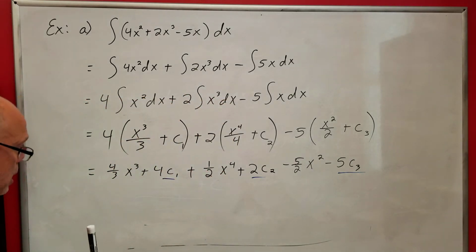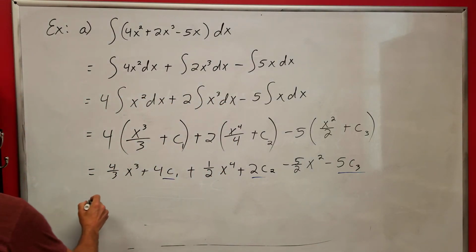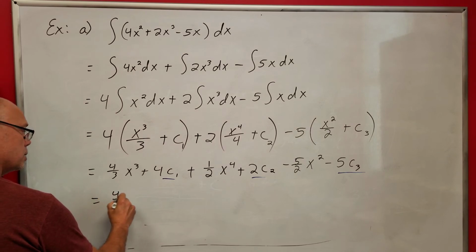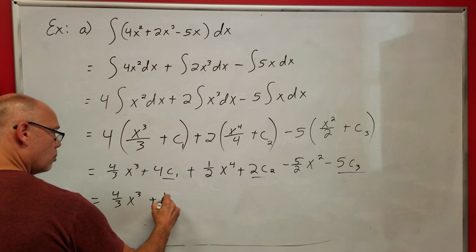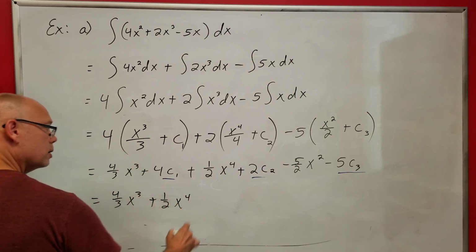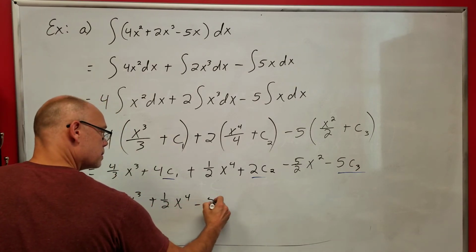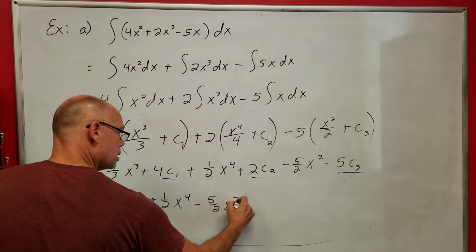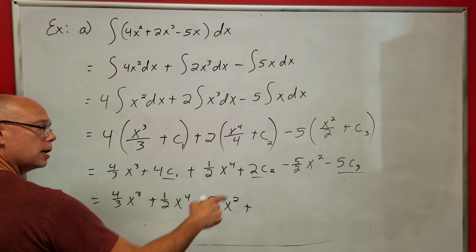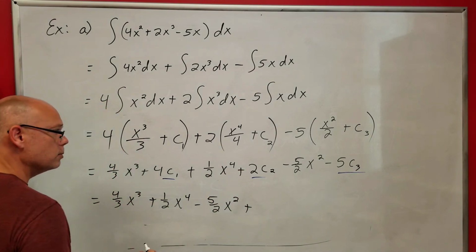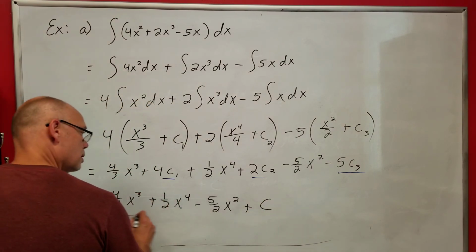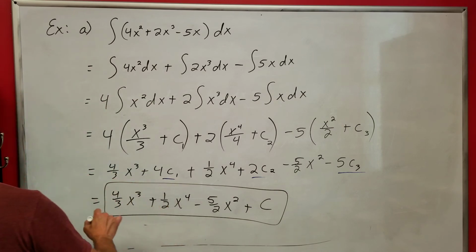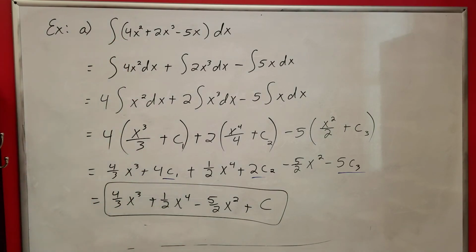So I'm going to bring down 4/3 x cubed plus 1/2 x to the fourth minus 5/2 x squared. And instead of calling it 4c1 plus 2c2 and so on, I'm going to call it plus c. There we go. There is an antiderivative of this function right here.